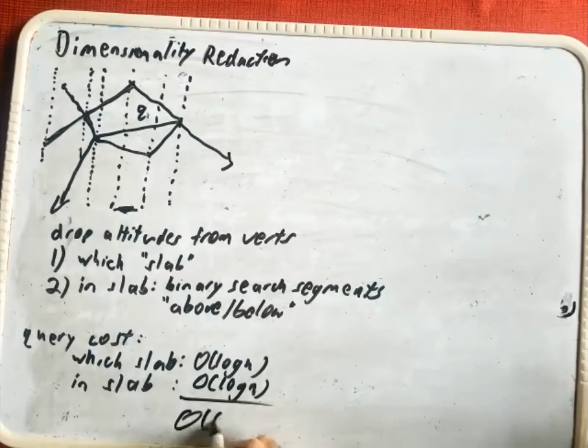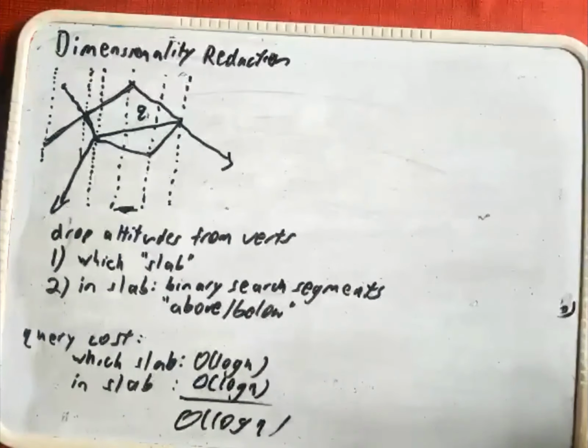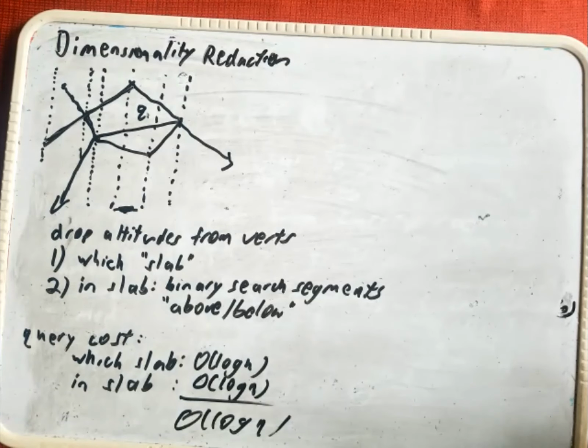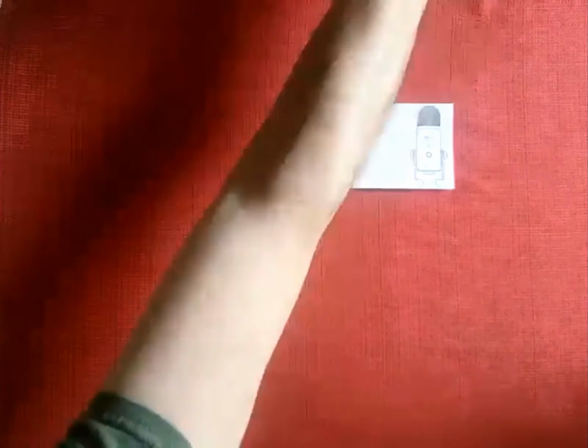So the overall query complexity of this data structure is order log n, which is wonderful. We can do two-dimensional point location using two binary searches, just like we can do one-dimensional point location doing one binary search. And surprise, surprise, you can do three-dimensional point location doing three binary searches, and so on.